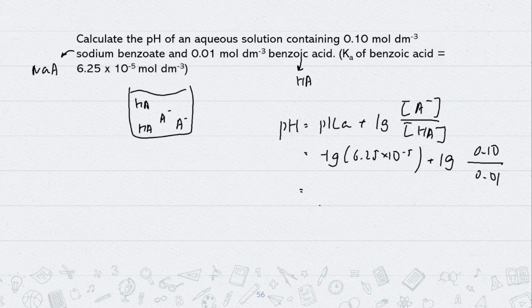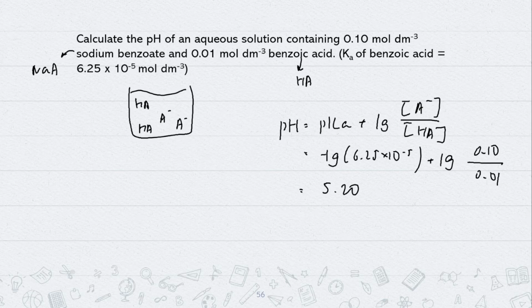So when you punch all this into your calculator, your pH will be 5.20. Let's hope that I did not make any errors here. Negative log Ka.